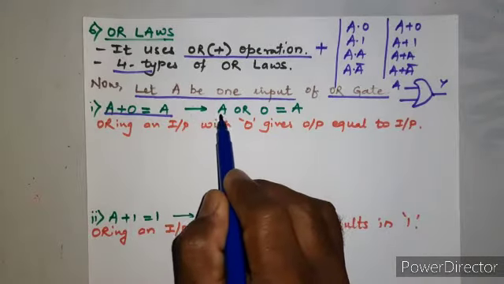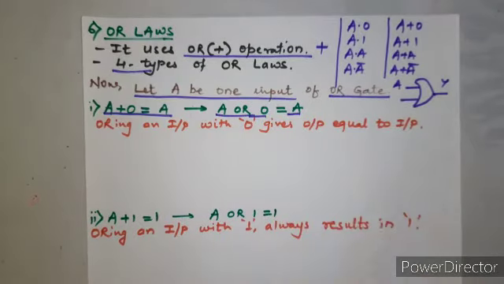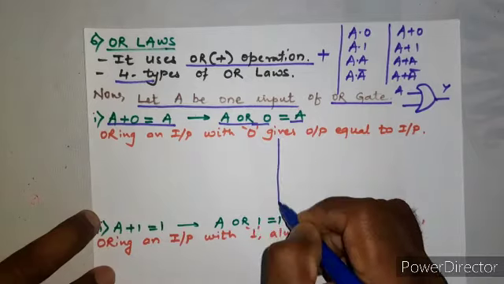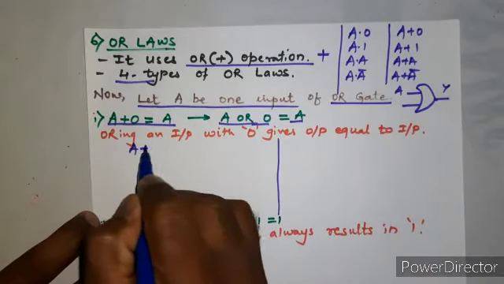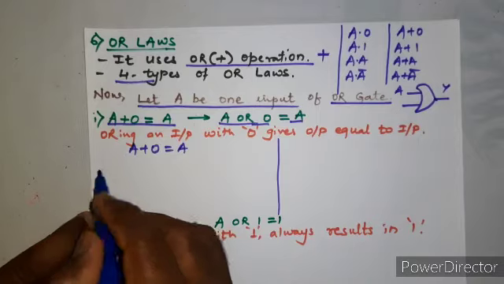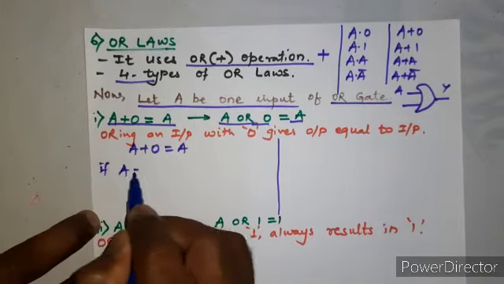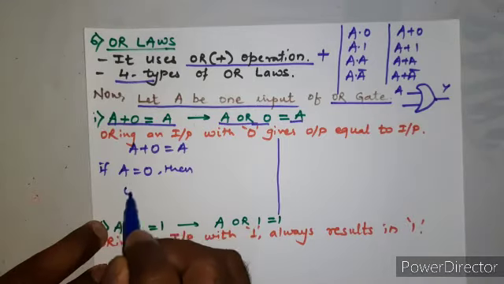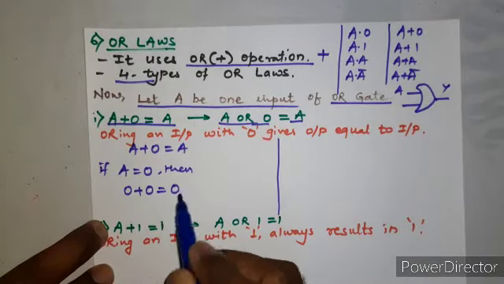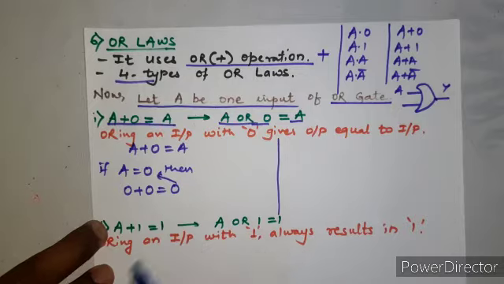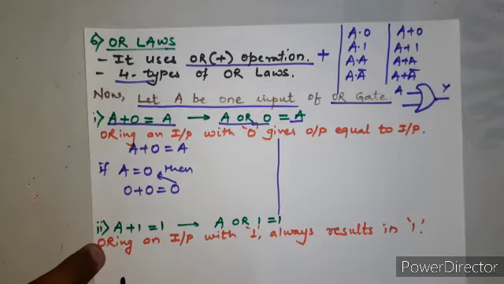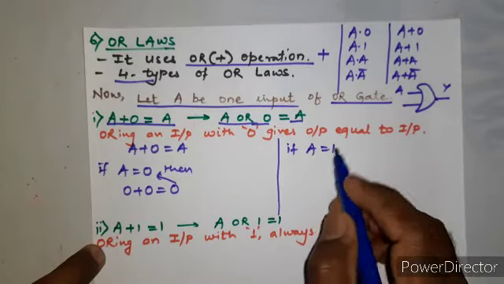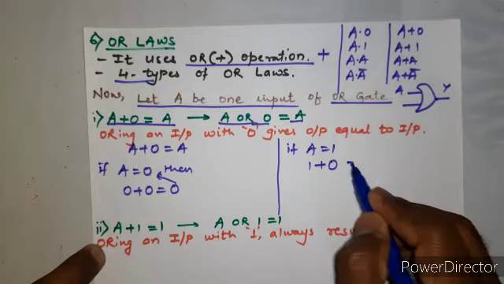So this is stated as A OR 0 will give you A. Now let us see, we are looking for A plus 0 equal to A. So if A is equal to 0, then 0 plus 0 will give you 0. And if A equals 1, then 1 plus 0 will give you 1.